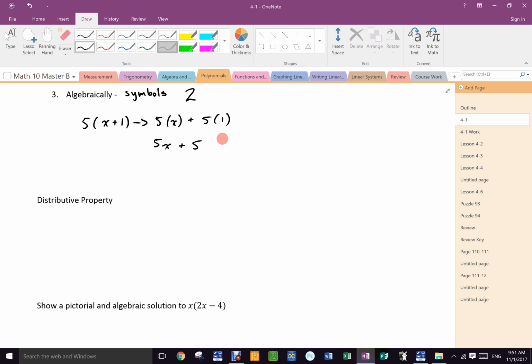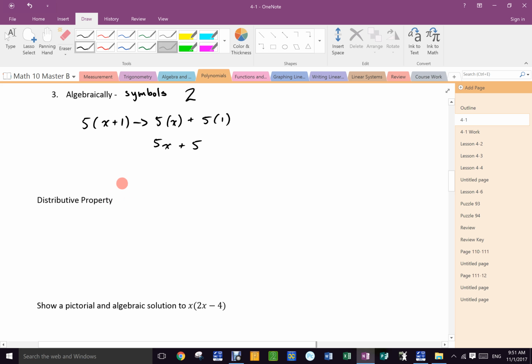Because what's real is what we just drew: 5 of those x's in 5 little boxes. This is symbols to show that. Right? Because math guys are lazy. And as the world got more complicated, we had to invent numbers. Back in the old days, they didn't have them. Everybody good?